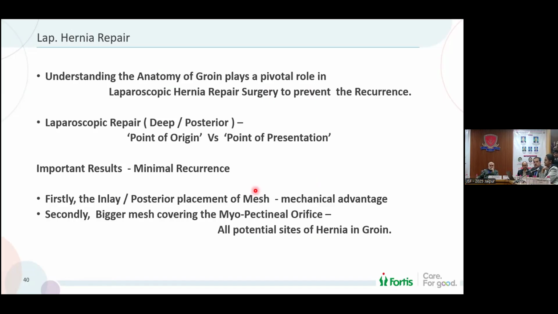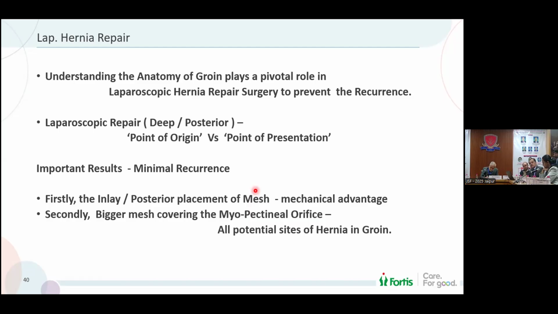So understanding the anatomy of groin plays a pivotal role in laparoscopic hernia repair. Laparoscopic repair, that is a deep or posterior repair, we call it, deals with the point of origin of hernia. We deal with a deep ring there versus point of presentation when we deal in the open inguinal hernia repair. So this produces important results, that is the minimal recurrence.